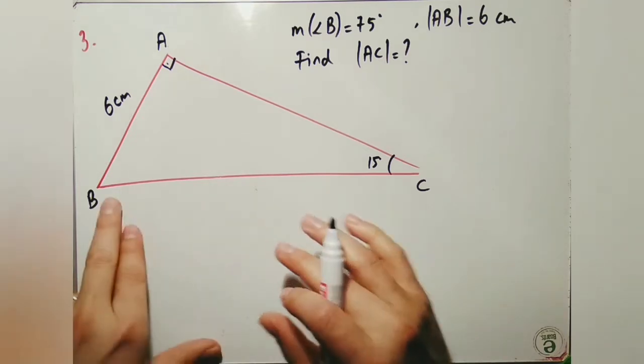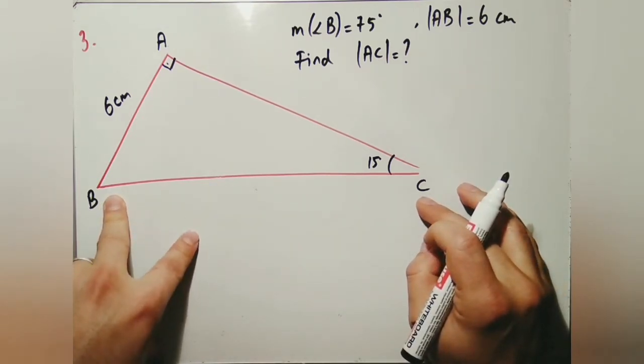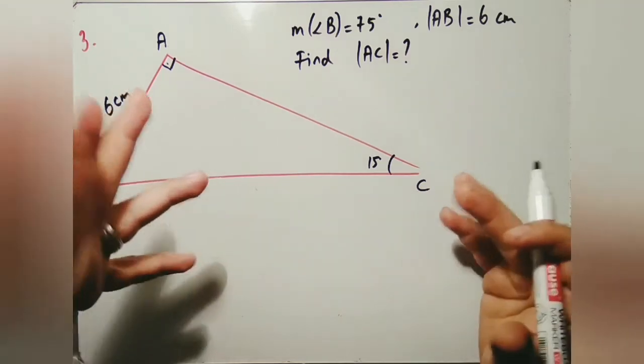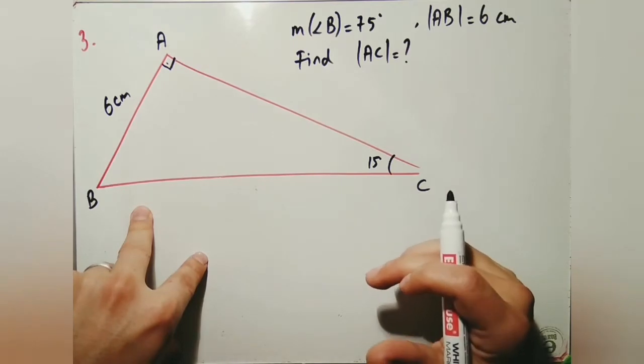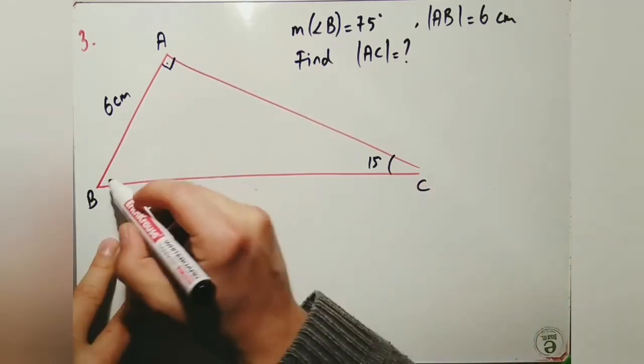So the measure of angle B is greater than the measure of angle C. So here I can get one isosceles triangle. How can we do this? I will separate 75 into 15 and 60 degrees.